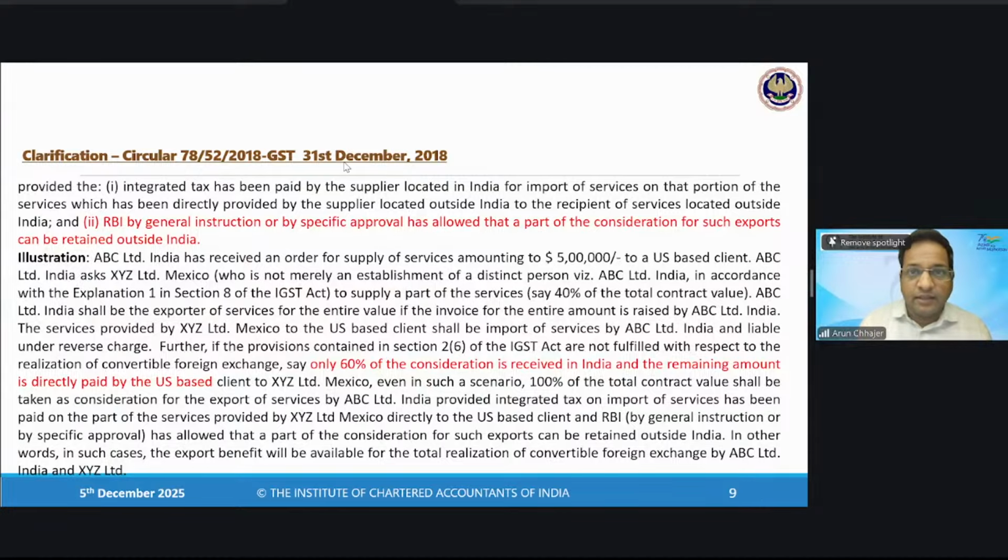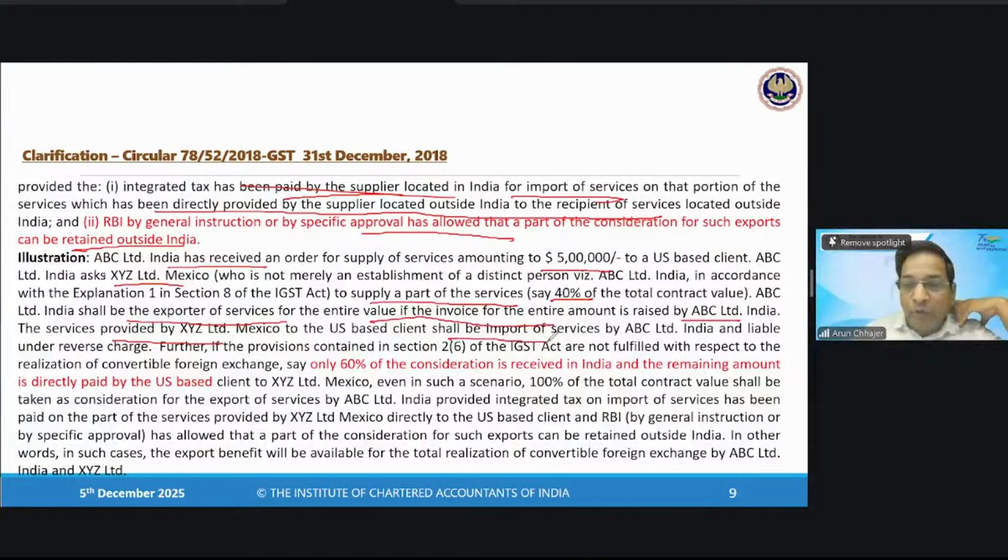ABC India shall be the exporter of service for the entire value. If the invoice for the entire value is raised by ABC, the service provided by XYZ Mexico shall be import by ABC Limited India and liable under reverse charge.